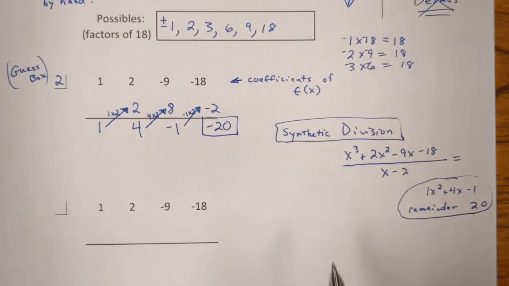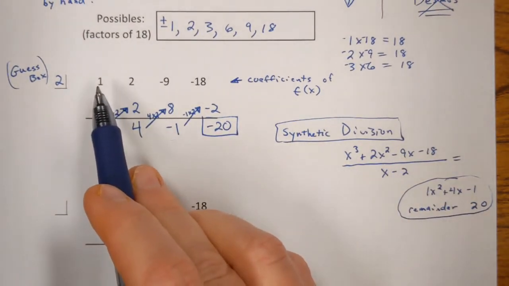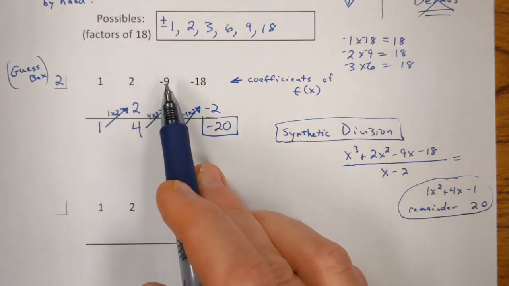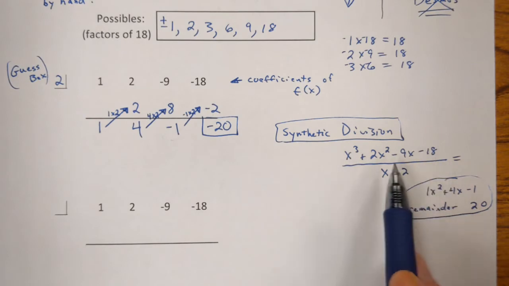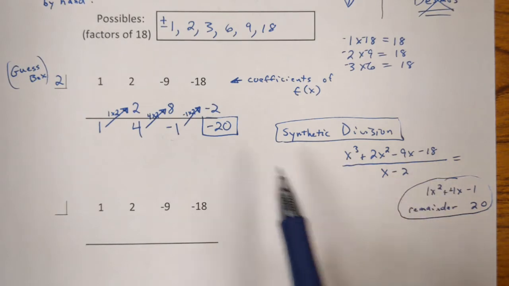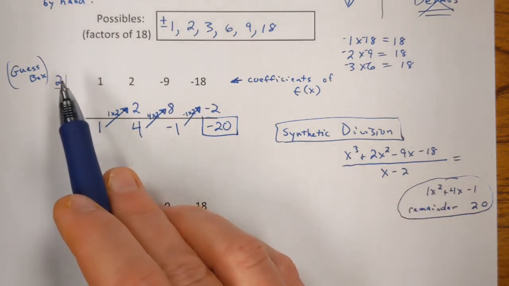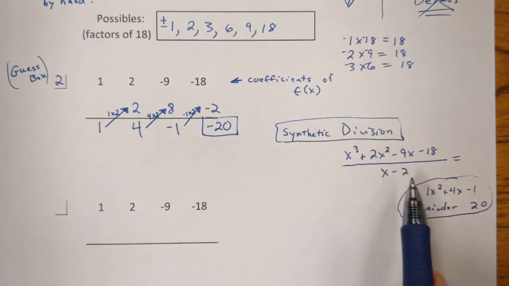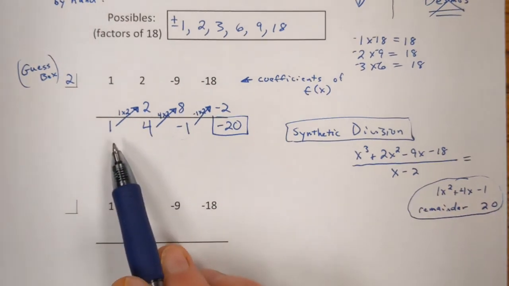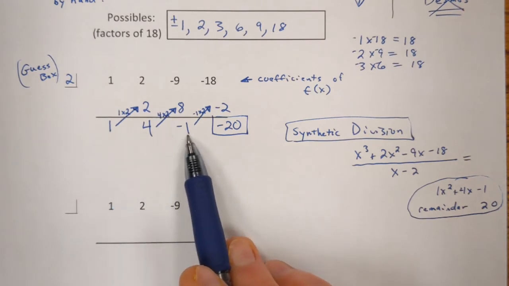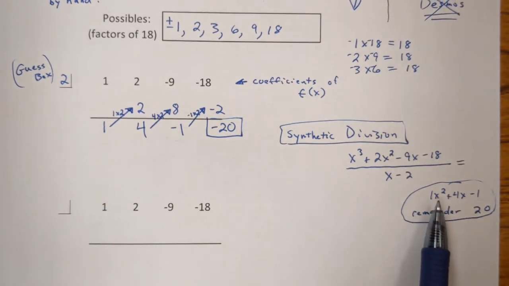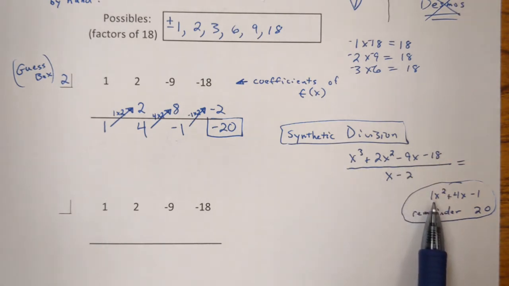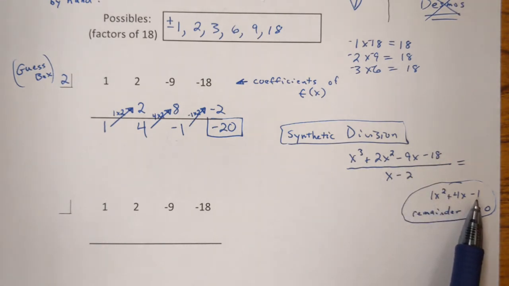The way synthetic division works, we just took this polynomial, 1x to the third plus 2x squared minus 9x minus 18, and we divided it by x minus 2. When you put a little 2 in this guess box, it's the same as dividing the function by x minus 2. And these answers that we get, the 1, the 4, and the negative 1, tell us our answer. When you divide these polynomials, you're left with 1x squared plus 4x minus 1.